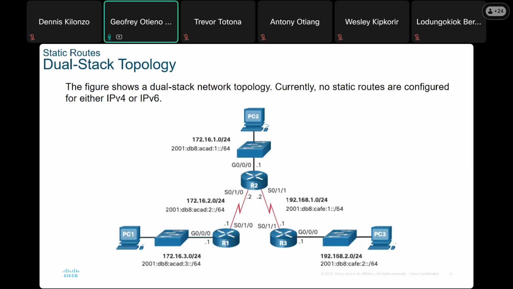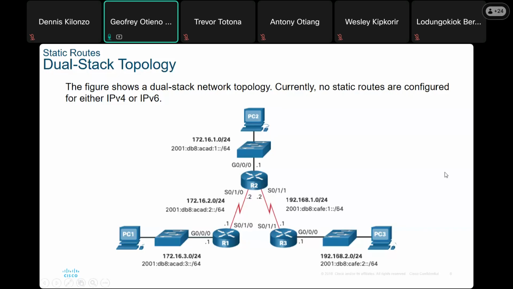The remote ones are 172.16.1.0 up here, together with its IPv6 address, 192.168.1.0, a serial between R2 and R3, together with its IPv6 address, and 192.168.2.0, together with its IPv6 address.